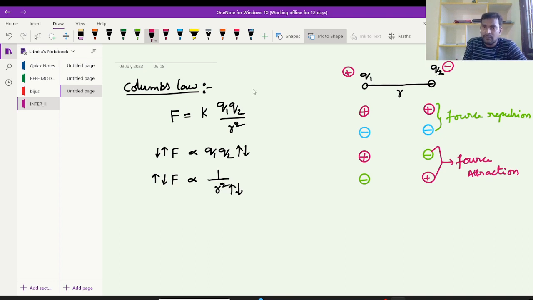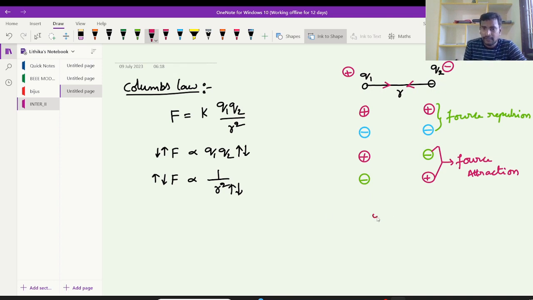The force exerted by charge Q2 on Q1 will be in this direction, means this charge Q2 will attract Q1. Similarly, the force exerted by Q1 on Q2 will be in this direction. That's why there will be a force of attraction between these two charges.